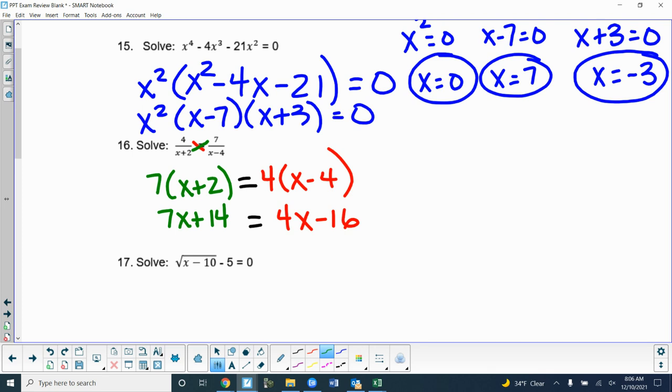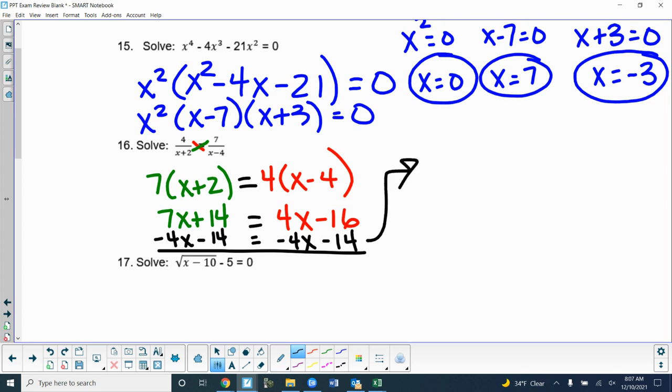So I'm going to subtract 4x to get it with the 7x. I'm going to subtract 14 to get it with the 16. 7x minus 4x is 3x.